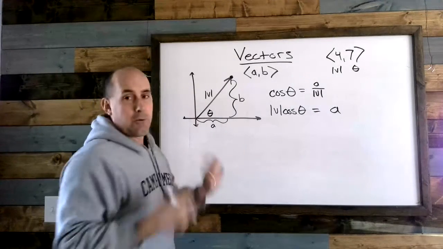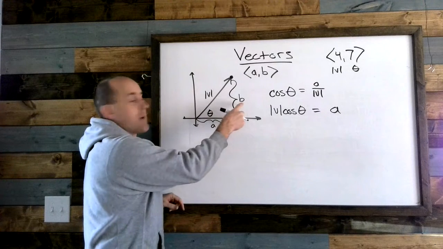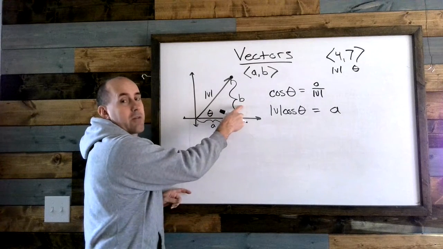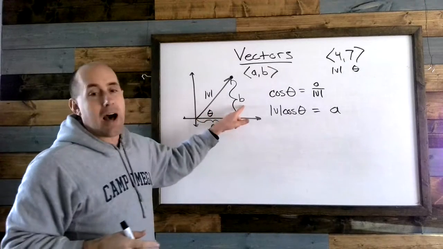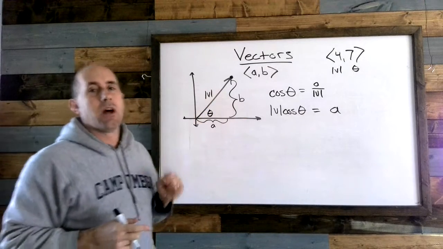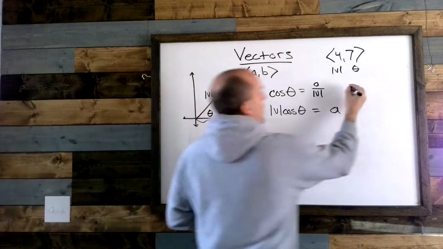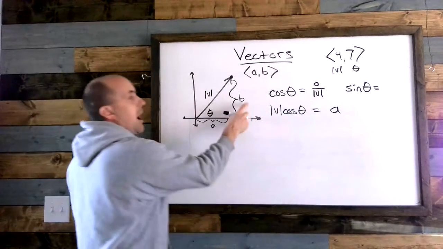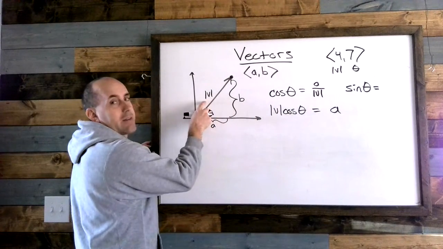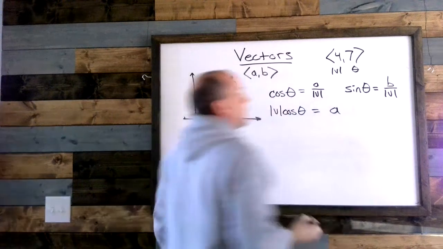So that one, and if we switch it, suppose we want to find b, you have theta, and then you have the side over here, which is opposite. So which trig function has to deal with the angle, the opposite side and the hypotenuse? Opposite over hypotenuse would be sine. Very good. So the sine of the angle is equal to the opposite side divided by the hypotenuse, so b divided by the magnitude of the vector.